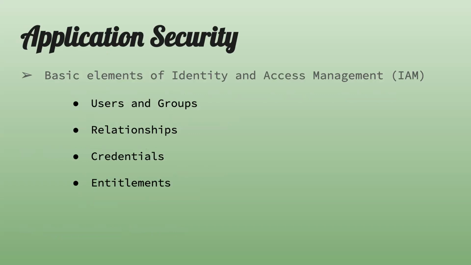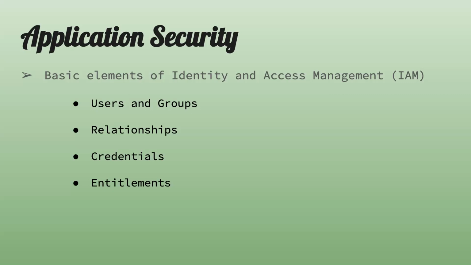In application security, the basic elements of identity and access management of an application are based on users and user groups and their relationships, and credentials. Credentials means, for a particular user, login credentials like username and password. When we're accessing an HPC, we have SSH keys, and those are credentials.